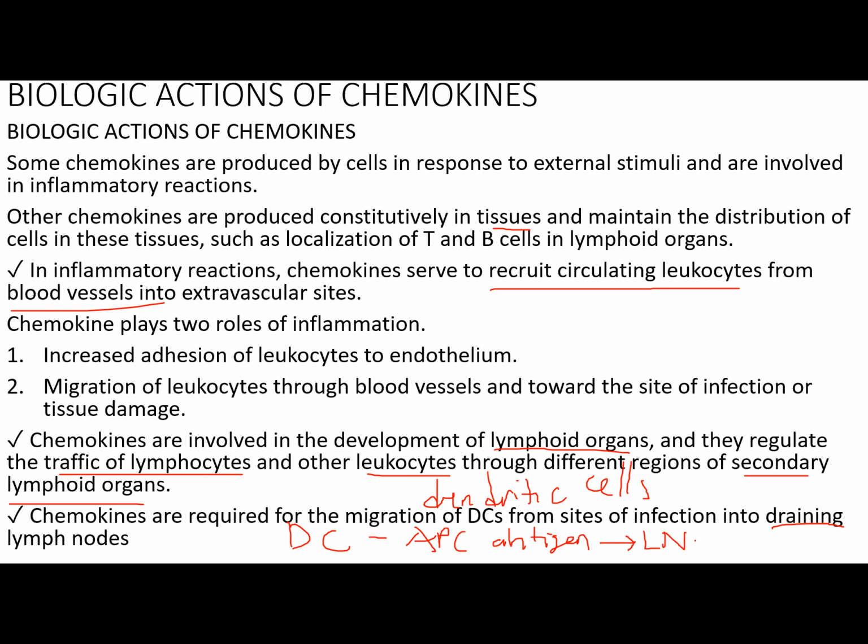And sa lymph nodes class, ipapakita niya ito, or it would now introduce tong mga antigens so that yung mga T cell, yung mga B cell would become activated. So, yun ang main importance niya, class. Bakit yung dendritic cells nyo kailangan pumunta ng draining lymph nodes. So, it allows the activation ng T cell and B cell.